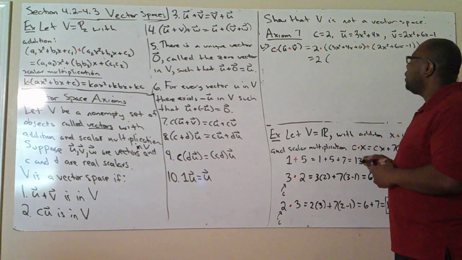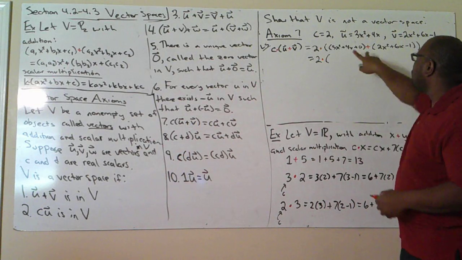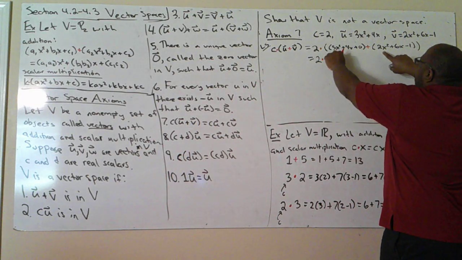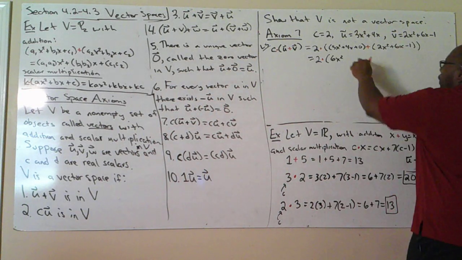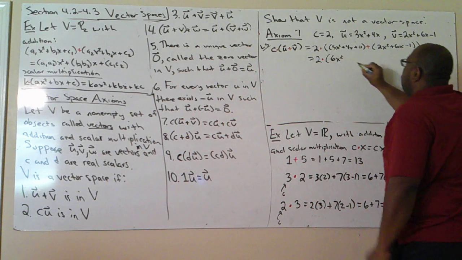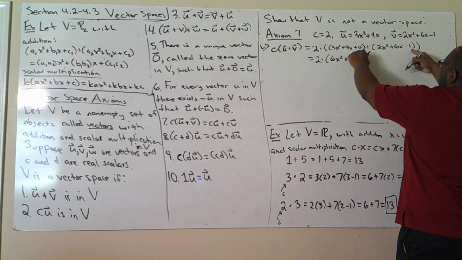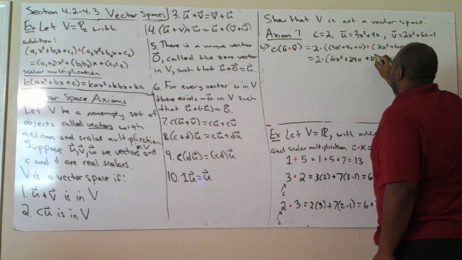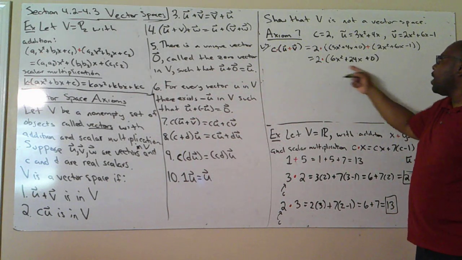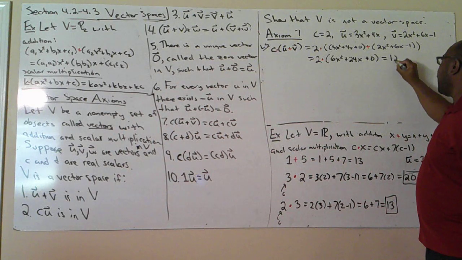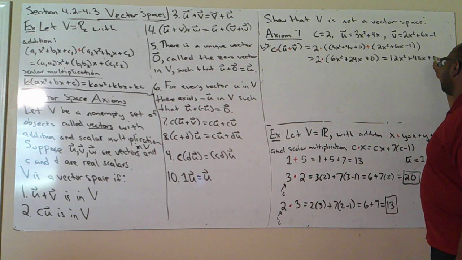If I add these two together, remember by that addition I multiply the coefficients together, so this would be 3 times 2, which gives me 6x squared. 4 times 6 gives me 24x. 0 times -1 gives me 0. And then last but not least, I do 2 times this. I get 12x squared plus 48x plus a 0.